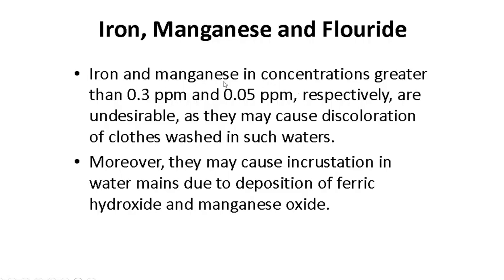Iron and manganese in concentrations greater than 0.3 ppm and 0.05 ppm respectively are undesirable, as they may cause discoloration of clothes washed in such waters. Moreover, they may cause incrustation in water mains due to deposition of ferric hydroxide and manganese oxide.